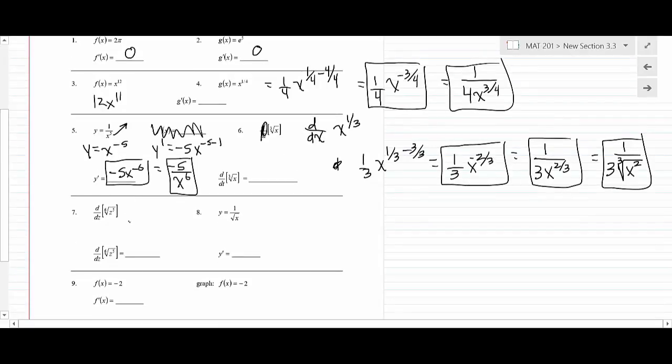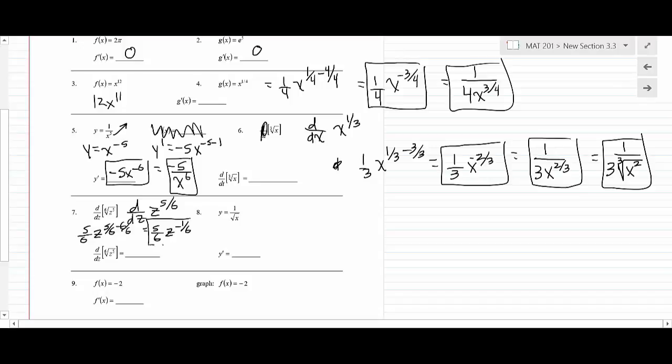Okay, and number 7, let's see. First of all, you want to write this one as, and d/dz, see the variables match. You want to write that as z to the 5/6. Then when you do the derivative, you're going to bring that down and you would have 5/6 z to the 5/6 minus 6/6. So that's 5/6 z to the negative 1/6 right there.